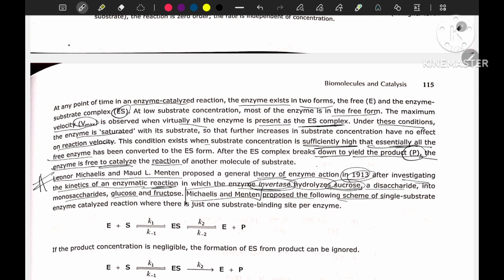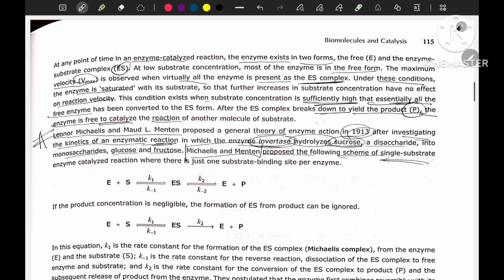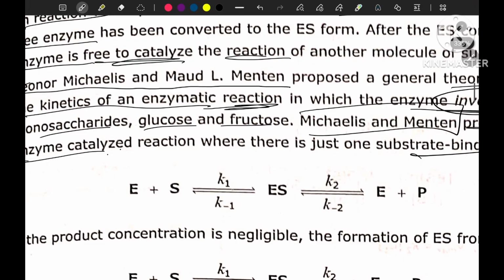proposed the following scheme of the single substrate enzyme catalyzed reaction, where there is just one substrate binding site per enzyme: E plus S. We see the forward reaction has the constant K1, forming the ES intermediate.